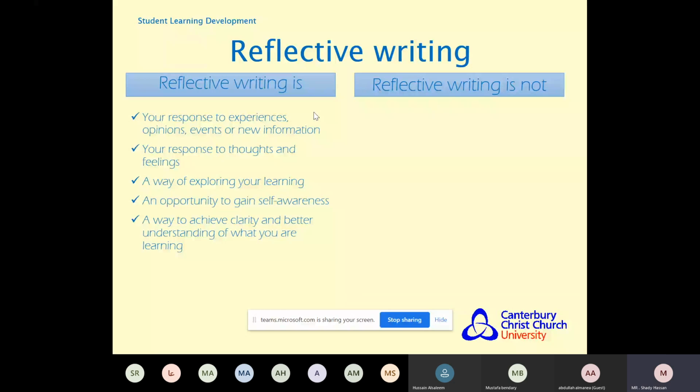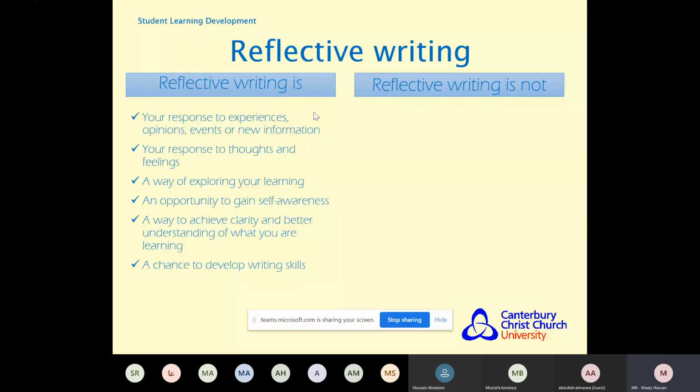Because when you are analyzing, you're going to check what you know about this topic and what you don't know and what you have to know. So here I'm expanding my experience and understanding about the topic I'm dealing with. Okay. A chance to develop writing skills.